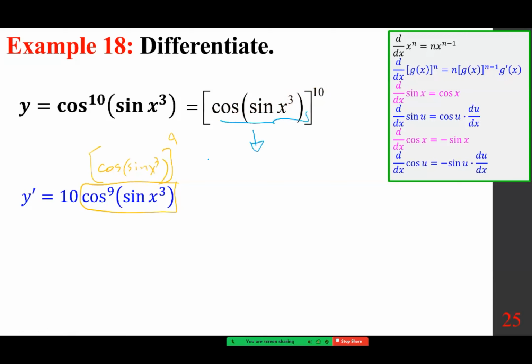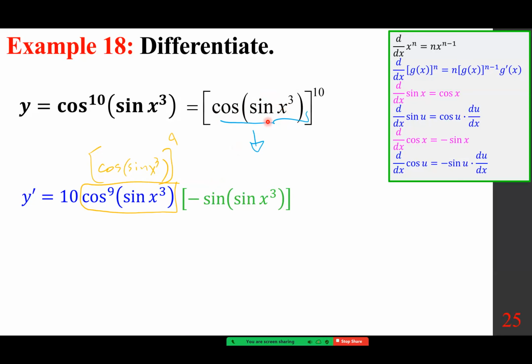The derivative of the inside. So cosine gives you negative sine. Negative sine of what? The same thing. Negative sine of the same thing. Is this x?